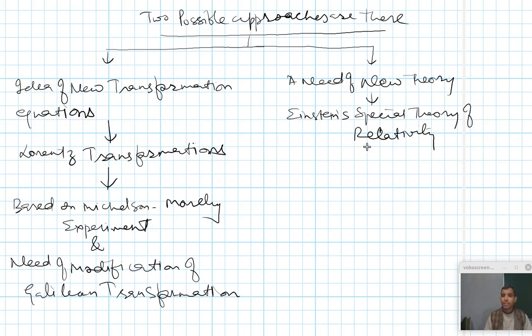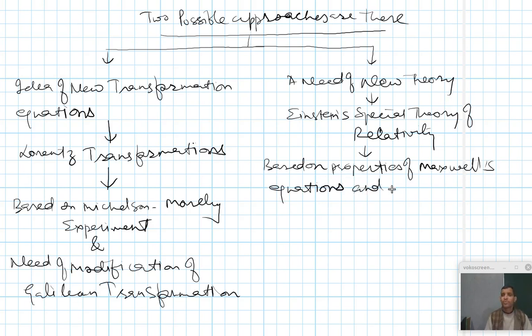And it is based on properties of Maxwell's equations, and the negative results of the Michelson-Morley experiment.